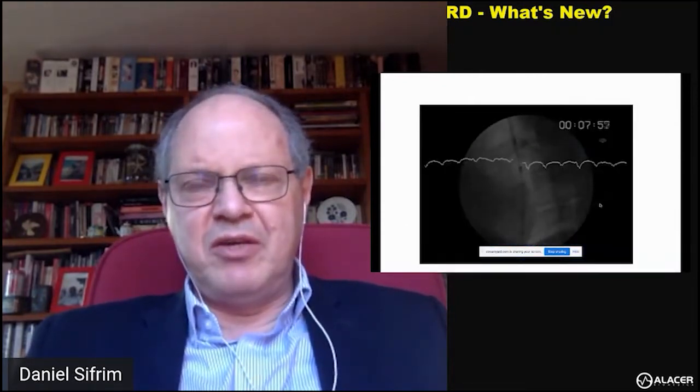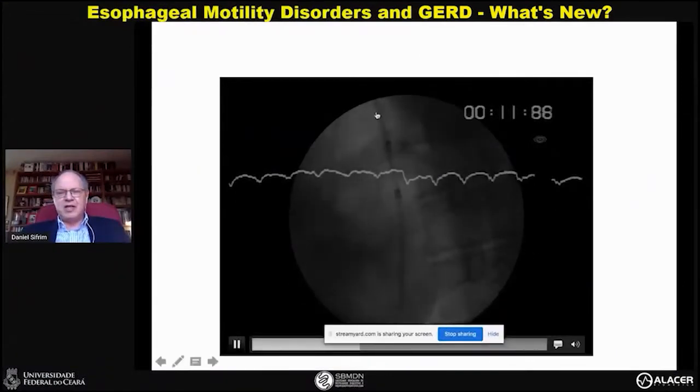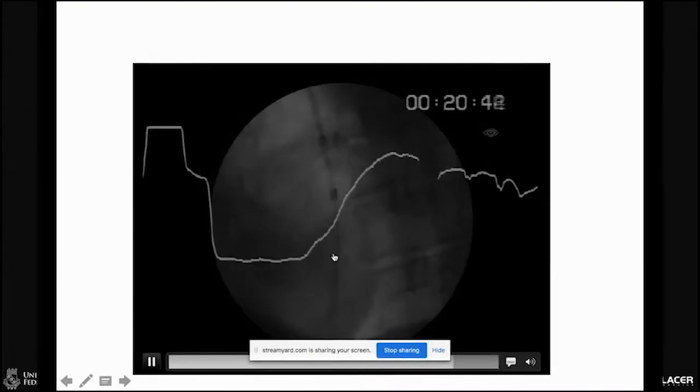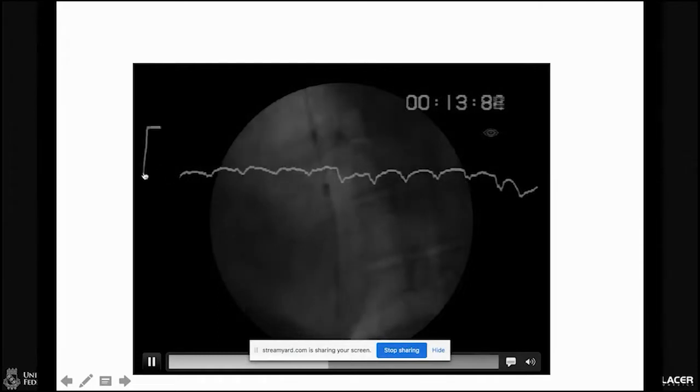So this is a video that shows how impedance works. This is a catheter that contains a pair of impedance electrodes, and you can see that the impedance drops when the bolus is passing through. It's a very interesting video because the subject swallows, and what happens at the very beginning is a rise in impedance and then a drop.